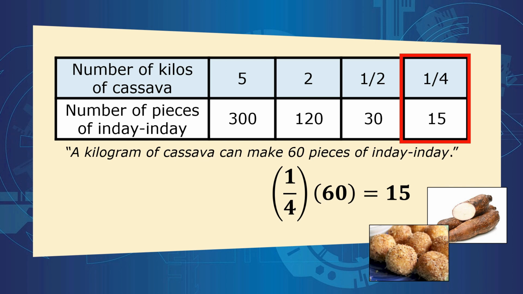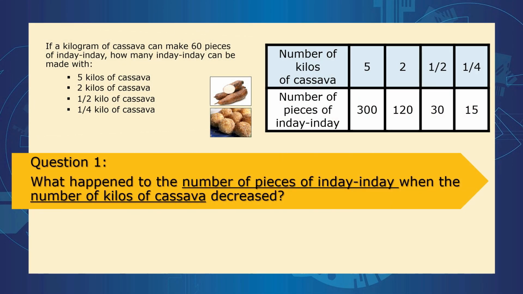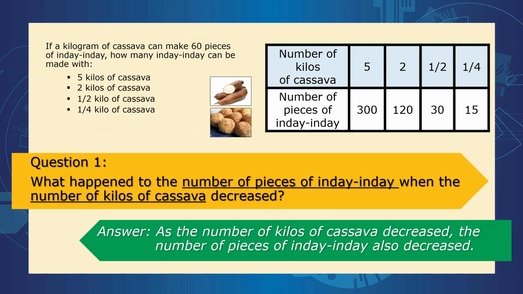And now, let us analyze the concepts involved in this activity by answering the questions that follow. First, what happened to the number of pieces of inday-inday when the number of kilos of cassava decreased? Yes, very good. As the number of kilos of cassava decreased, the number of pieces of inday-inday also decreased.